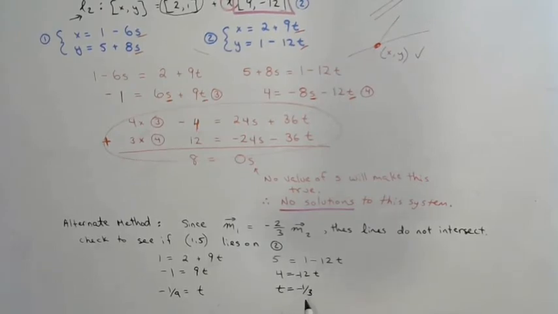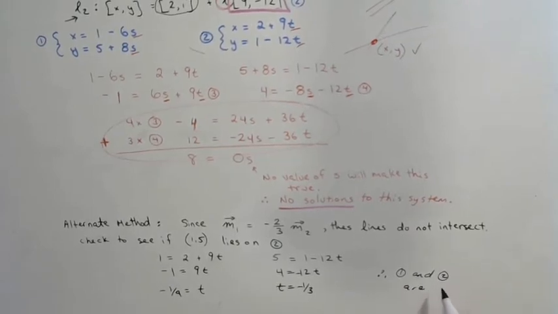So because the t values are different, the point 1,5 is not on line 2, which tells us that they are parallel rather than coincident. Therefore, lines 1 and 2 are parallel, and there are 0 solutions to the system.